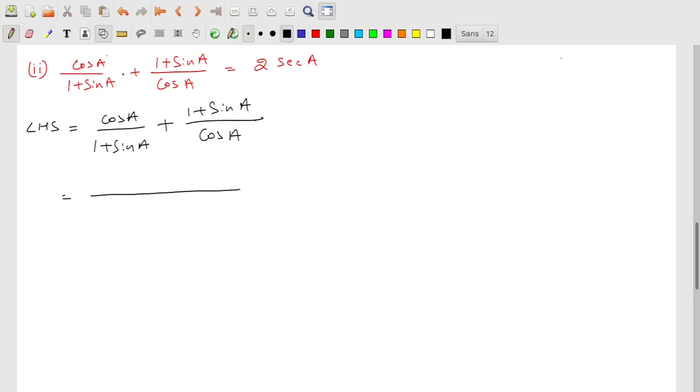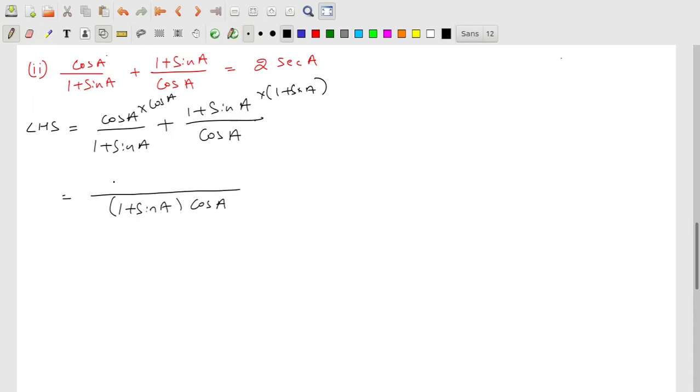So now the LCM of 1 plus sin A and then cos A is 1 plus sin A into cos A. So here now cross multiply cos A and then 1 plus sin A. We are not using any trigonometric identity here, we are just operating these as some fractions, right?